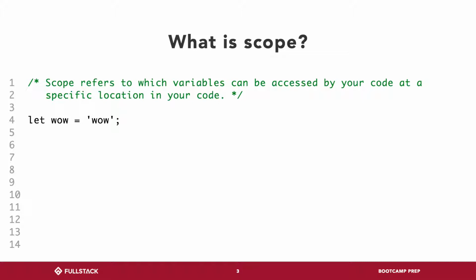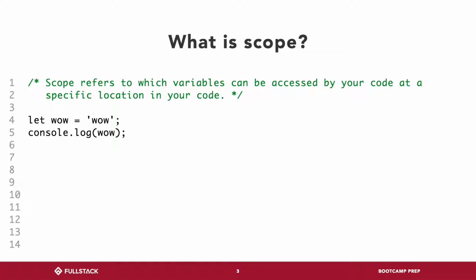But usually, let's say you're just coding in a REPL and you just declare a variable like that. For our purposes, we can consider that a global variable, where every function can access this variable. It's different in Node and in the browser, but we can get into that later on.